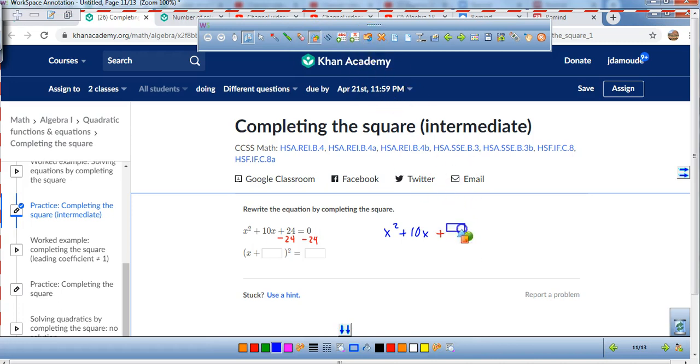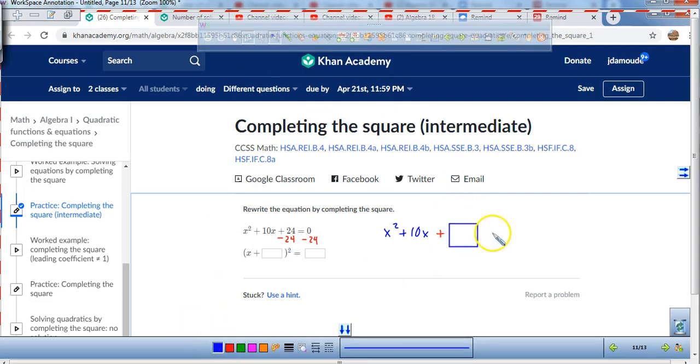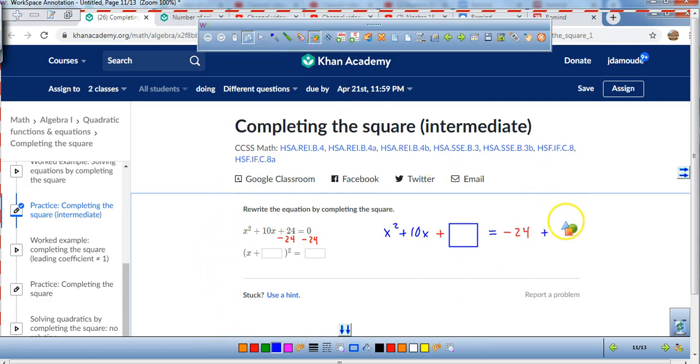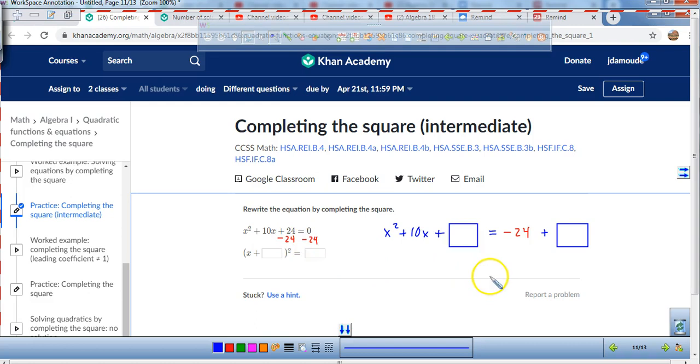Alright, equals. I'm going to put negative 24. Then I'm going to put plus another empty box, because whatever I do to one side, I have to do on the other side. So there we go. That's the first step. Subtract 24 from this side and from this side.